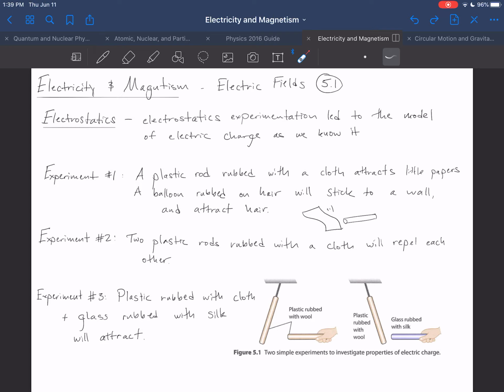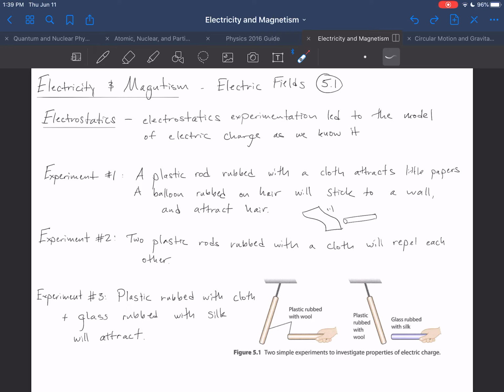These experiments are under a category called electrostatics, which should remind you of static electricity. We'll have to explain a little bit more about why electrostatics and static electricity is called what it is. But these sets of experiments led to our understanding of what is now known as electric charge.